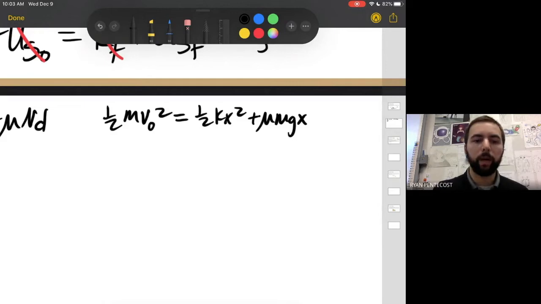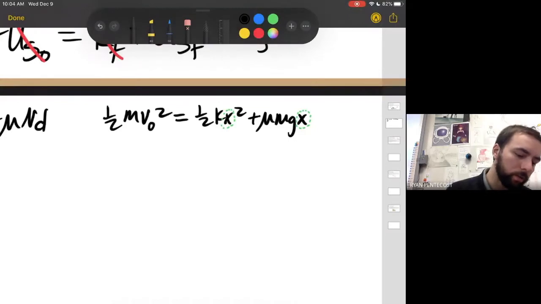Now, you might think this is going to be kind of complicated because we've got to solve for x, but we've got two x's. That's going to be a pain in the rump. So we've got to do something that's never really fun.